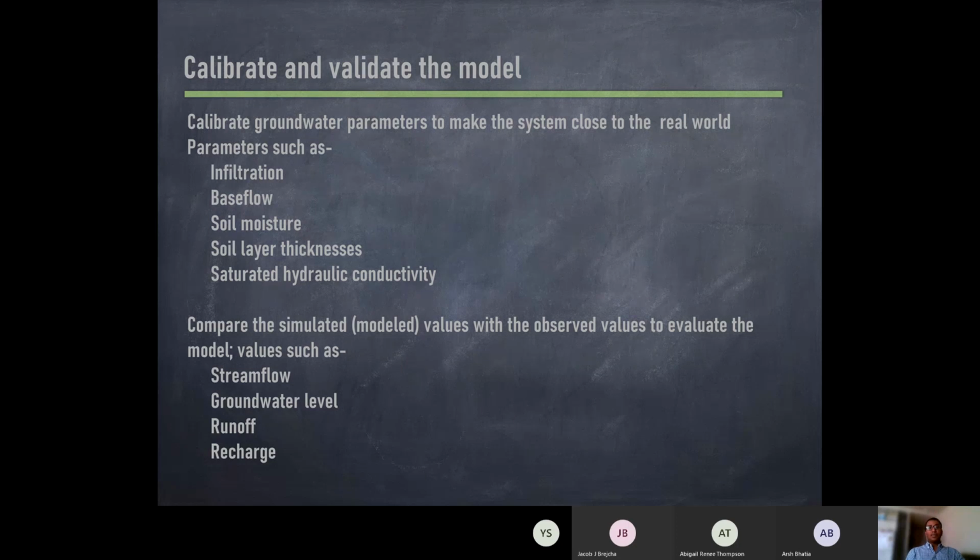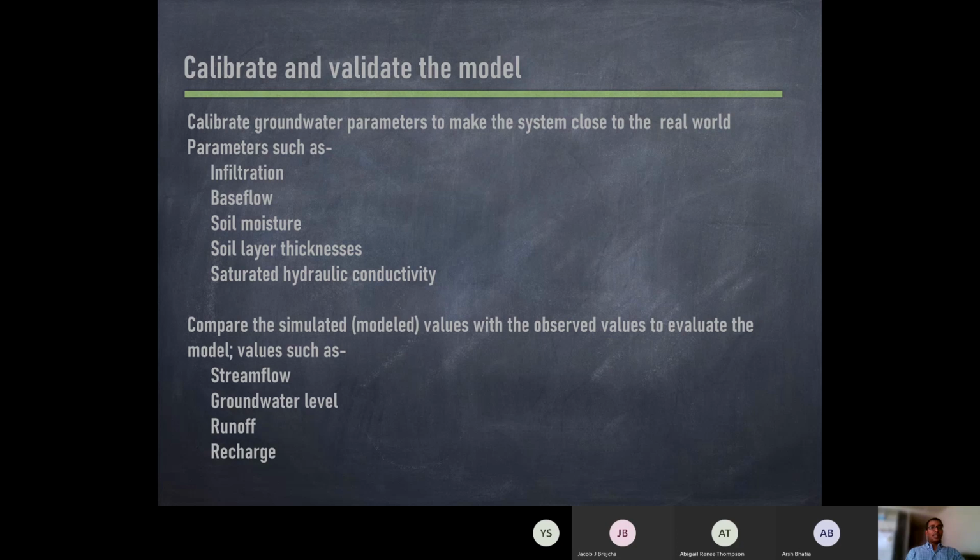You use those references, come up with a new value, calibrate the value, and run the model again to see whether your calibrated output is close to the observation or not. So this is called calibration, and this is a very common and very important part of the modeling process.